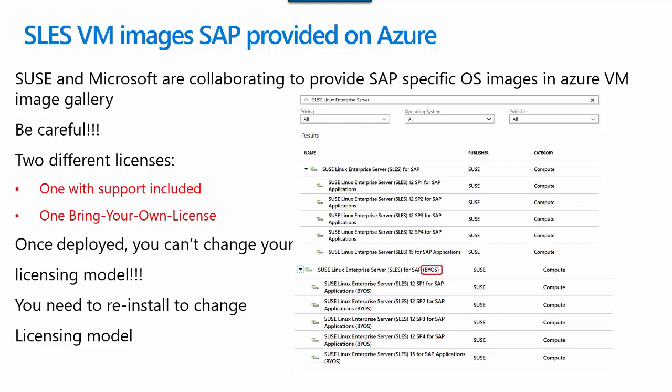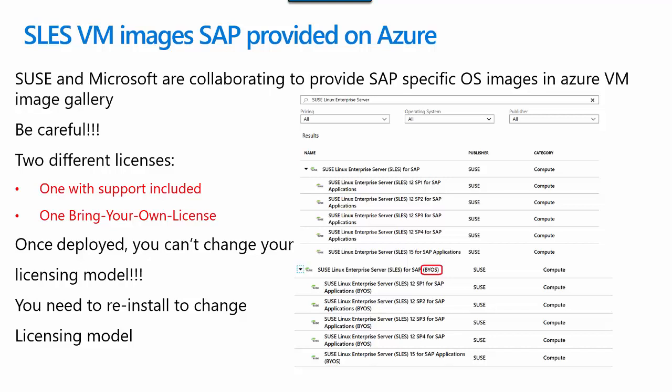If you deploy an image from the first group, the metering rate would be a bit higher than the one with the BYOS notation, because the licensing and the support fees are included within the usage of the VMs.